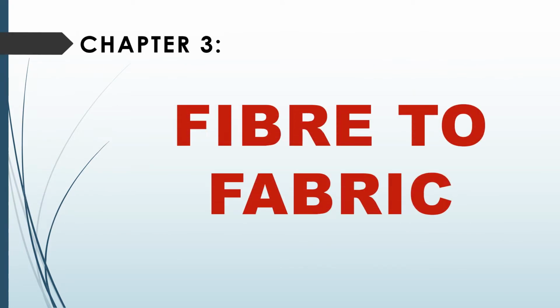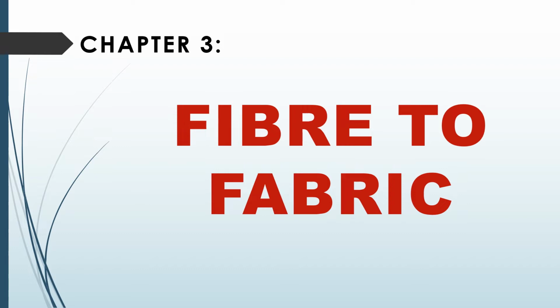Chapter 3, Fiber to Fabric. In this interesting chapter, we are going to discuss how to make a fabric from fibers. What is fiber? Fiber is a thread, and fabric means a cloth that we buy from textiles.